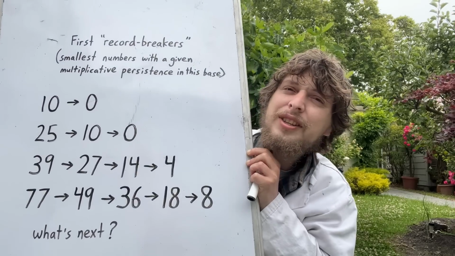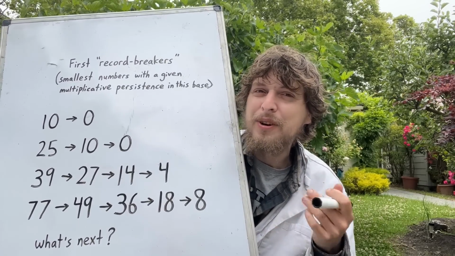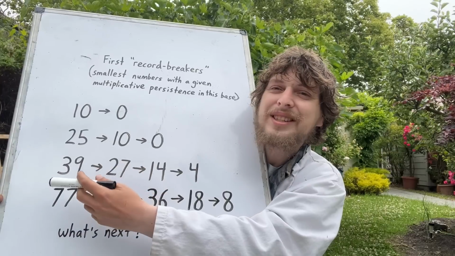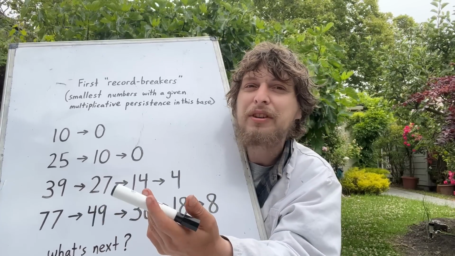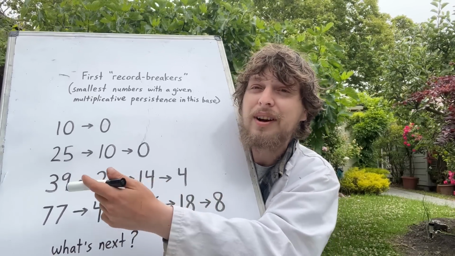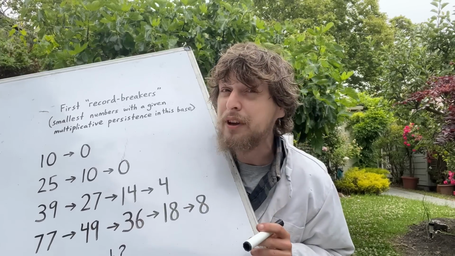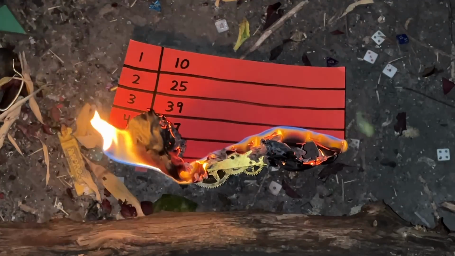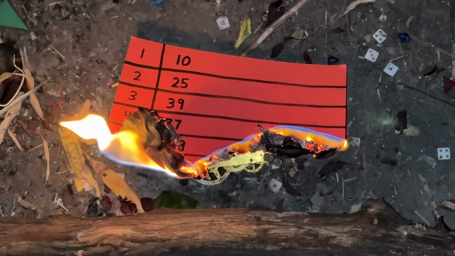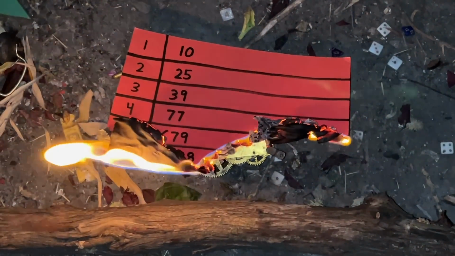Here, we can't just backtrack as easily as we were able to with additive persistence because there are no set of digits that will multiply to 39 or 77. That would require us to have a digit 13 there or a digit 11 there, and so we have to find new chains. Although these record breakers aren't in a direct chain, you can start to notice something interesting in common with their appearances.